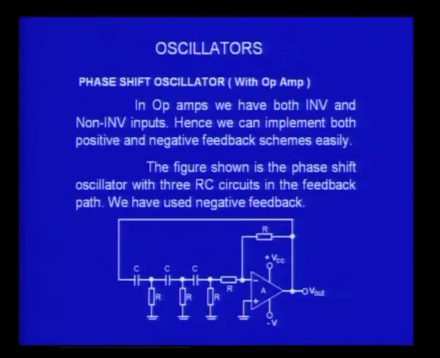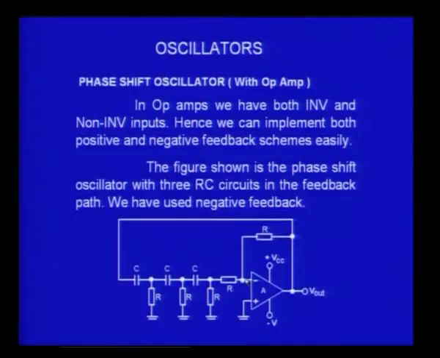Now how will we do that using an operational amplifier? You know, in an operational amplifier we have another advantage. The advantage is you have both inverting and non-inverting inputs, so that whatever type of voltage feedback you want to give, you can give in principle. But now what we are going to do is, we are still going to use that 180 degrees out of phase as we did in the RC coupled amplifier, in the phase shift oscillator I just showed.